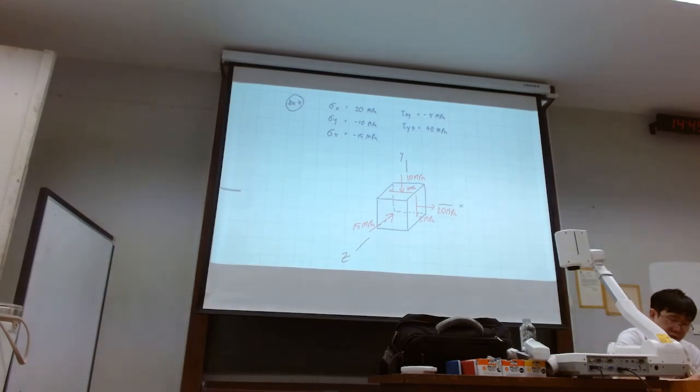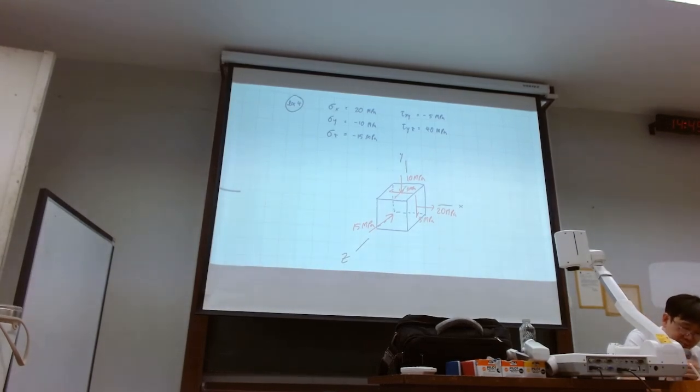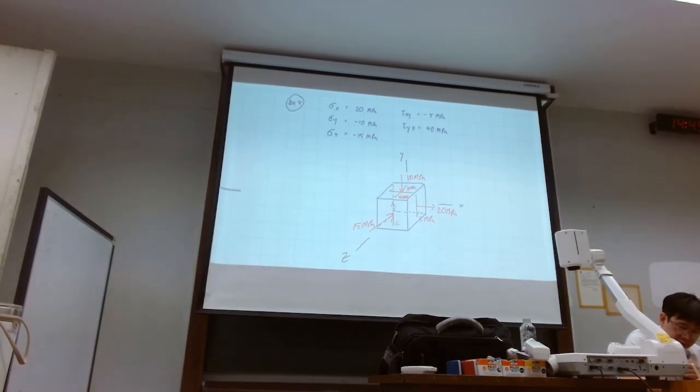Y, Z would be 40, so that means Y and Z would be 40 MPa, and that means this is going to be 40 MPa going up. Usually, when we have a shear, a single arrow is okay, but double arrow is okay as well. I mean, when I say double arrow, I mean the arrow with 2 heads or the arrow with just 1 head. Both of those are okay for the shear.